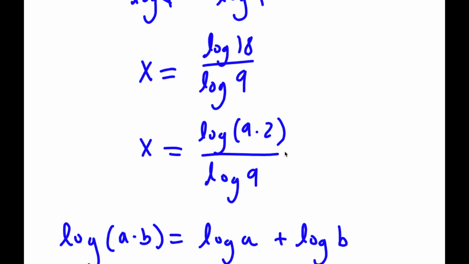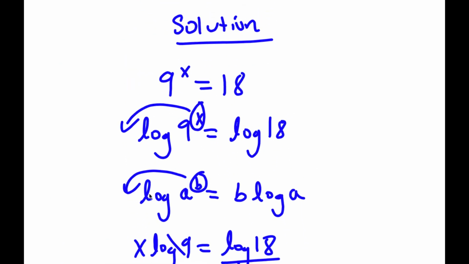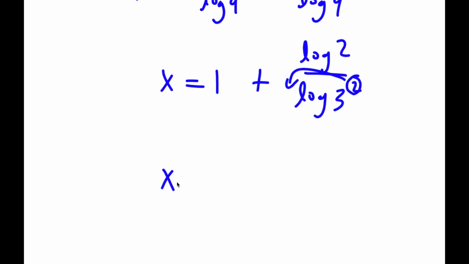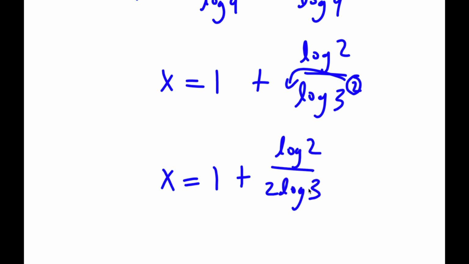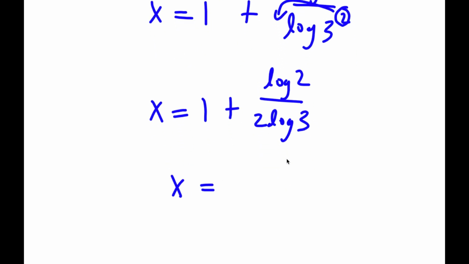And remember, if I have something in the form log a to the power b, I can simply move b to the front. So in this case, log 3 squared, I can move 2 to the front. So now I'm going to have 1 plus log 2 over 2 times log 3. Now, log 2 is equal to 0.301.